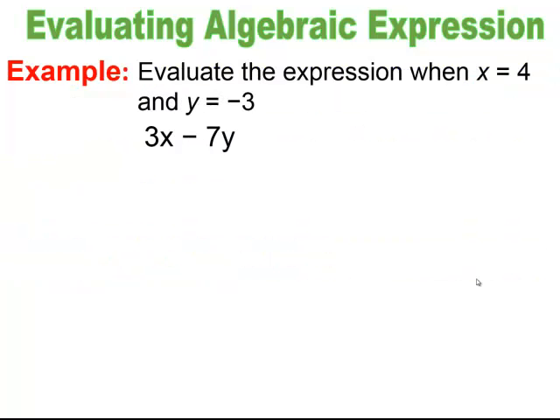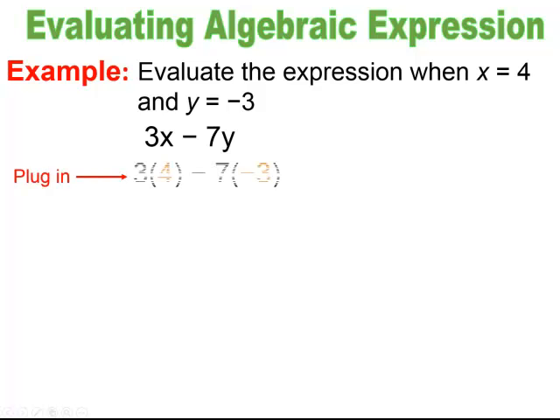So here's an example. We're asked to evaluate the expression 3x minus 7y when x equals 4 and y equals negative 3. So they're giving me the values for x and y, and to evaluate it means I have to take those values and substitute them into the expression.